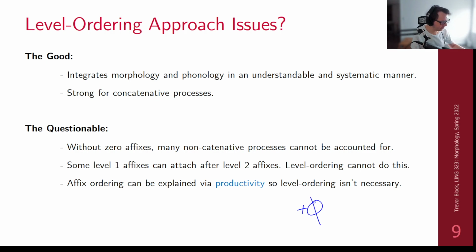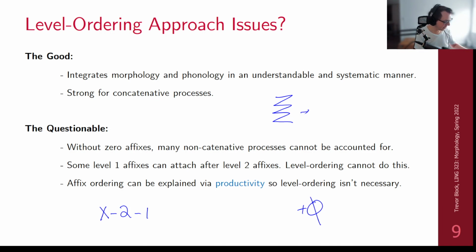There are also a couple cases I said we never see. And the real word is almost never. But there are languages where you can do something where you have a level 2 affix after a level 1. With level ordering, this doesn't make sense because level ordering is very strict about how it goes through the sequence. And the whole point of level ordering is to get level 1 affixes first.